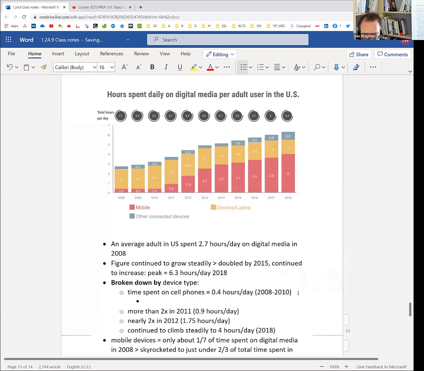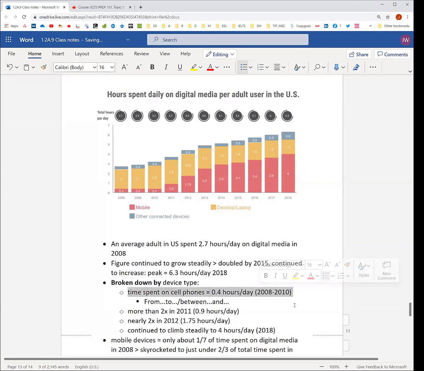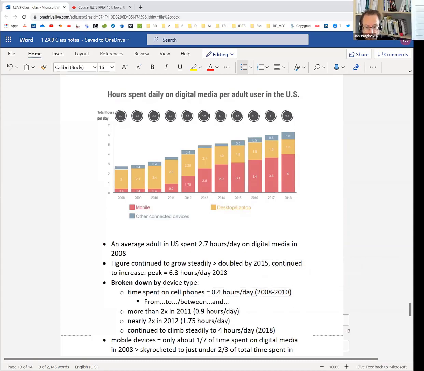Those are your choices. From, to, or between. One more time. Time spent on cell phones between 2008 and 2010 remained at 0.4 hours per day. Okay. Go on.